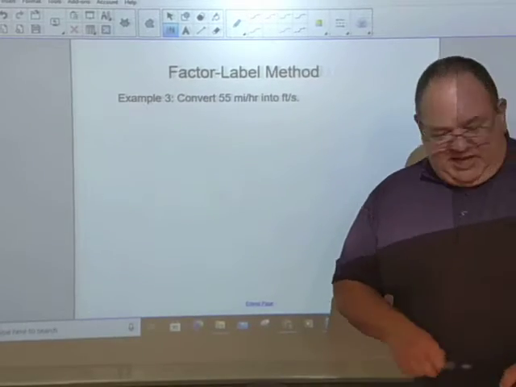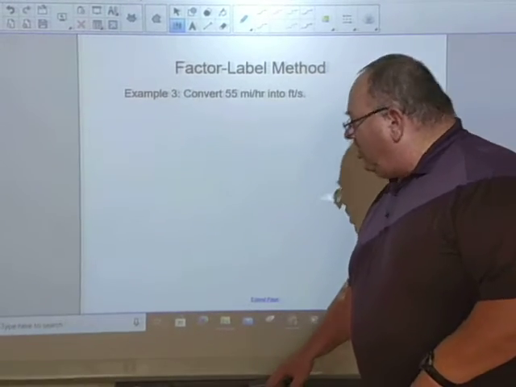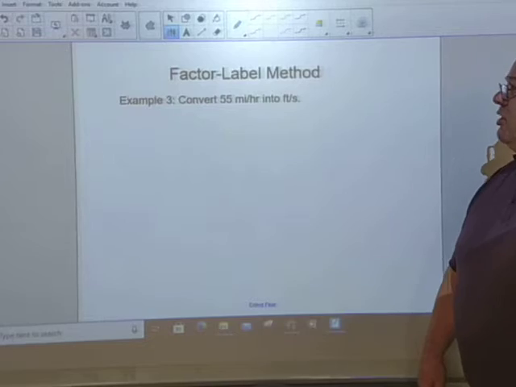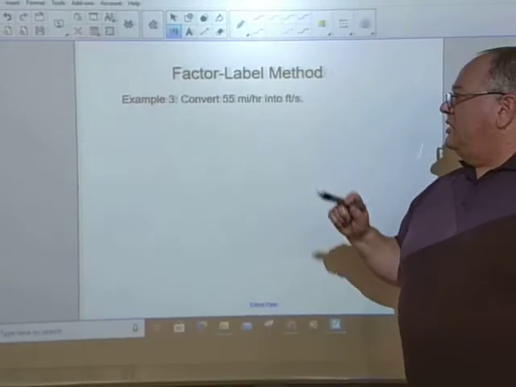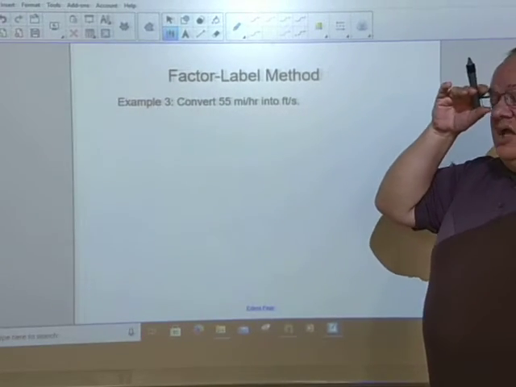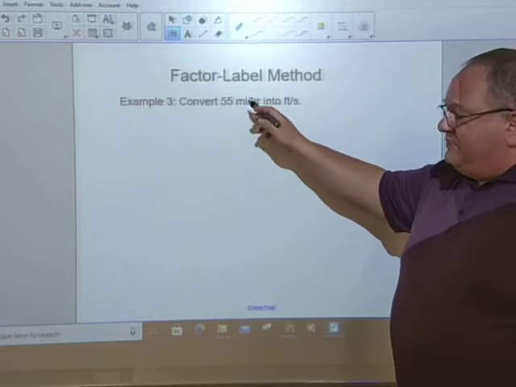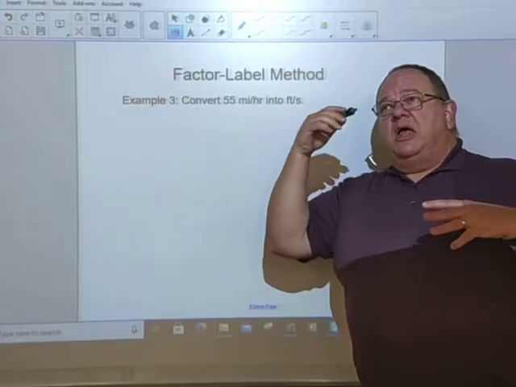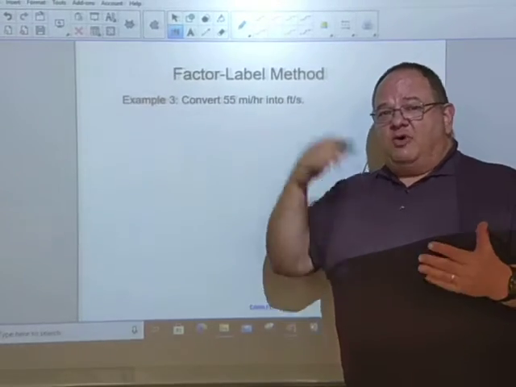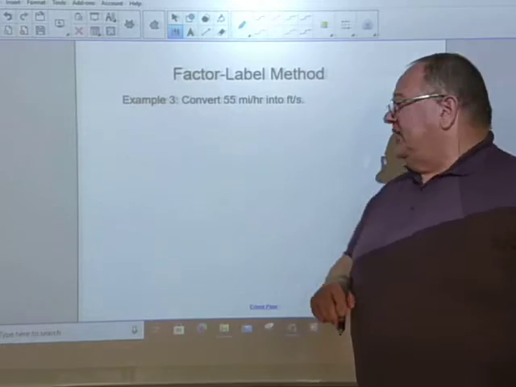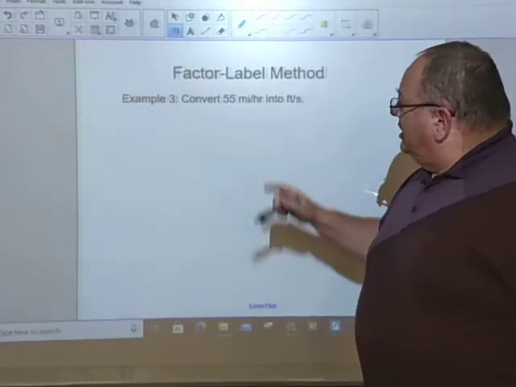All right, let's make it a little bit more tricky. We're going to go 55 miles per hour into feet per second. So now we got a quantity. This is a speed, and speed has both length and time, or distance and time labels in it. It's got 2 labels.